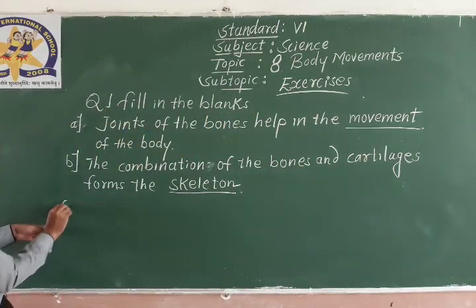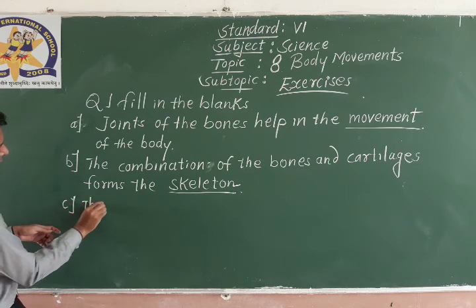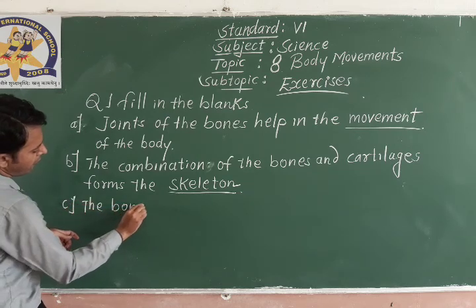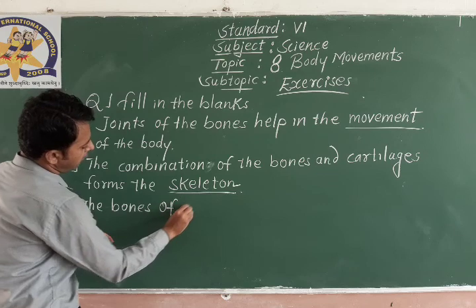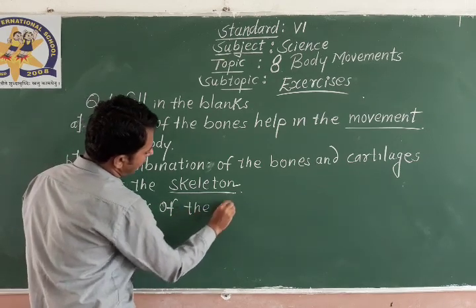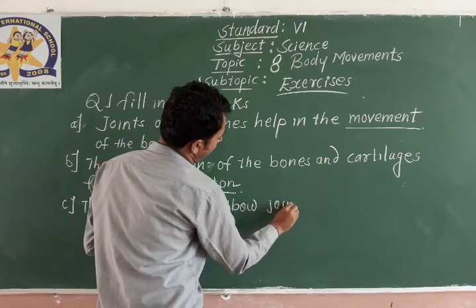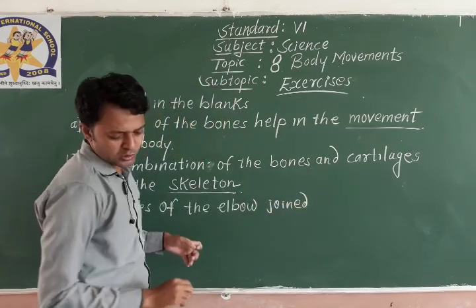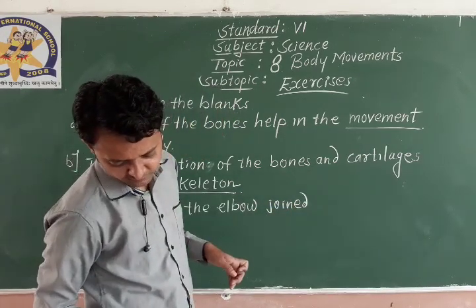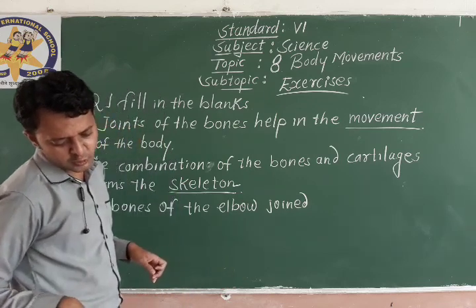Number C. The bones of the elbow are joined by a dash, very easy.